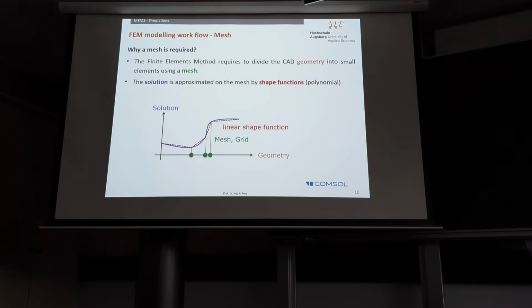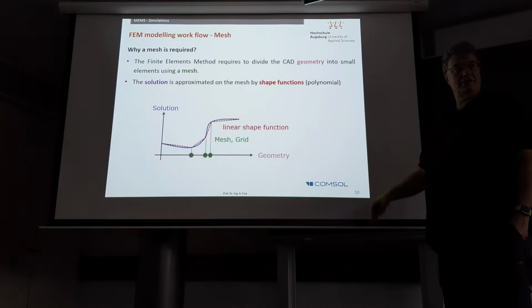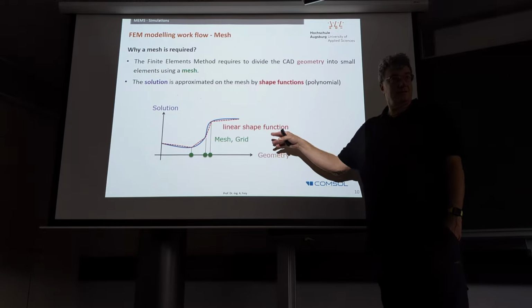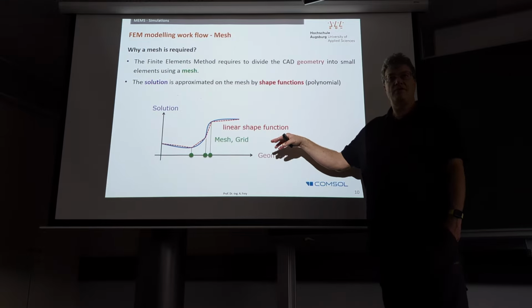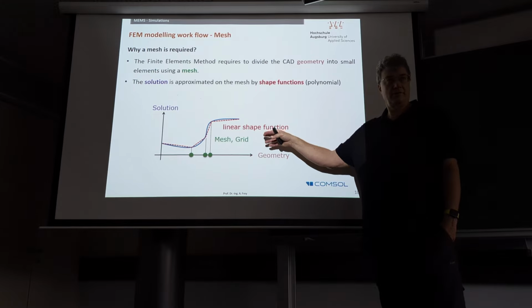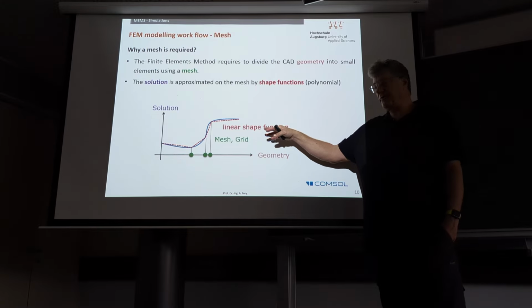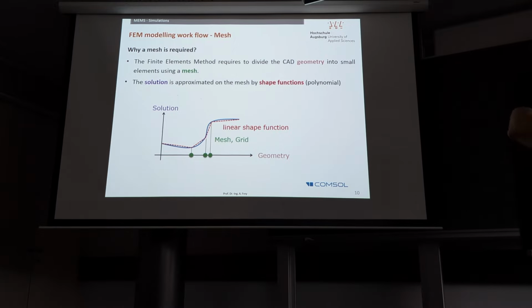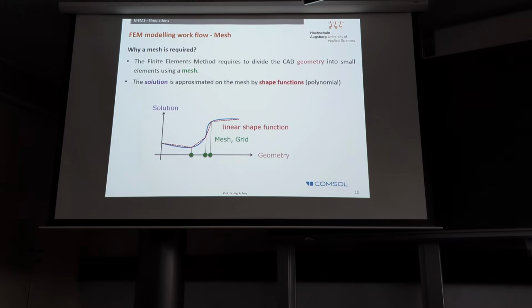So if you have to use another one, you start right from the beginning. That's a very nice thing about COMSOL, that you are flexible here, you can change it. In practice, I would say it doesn't happen very often because the default selection is in many situations reasonable, so you may not be bothered by that. But it's good to have it in mind that you can change it.